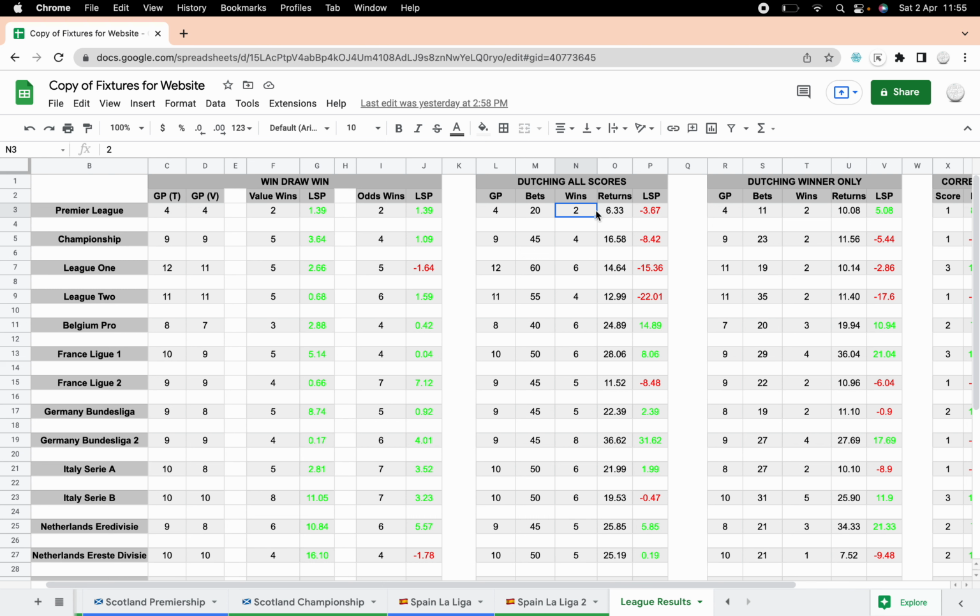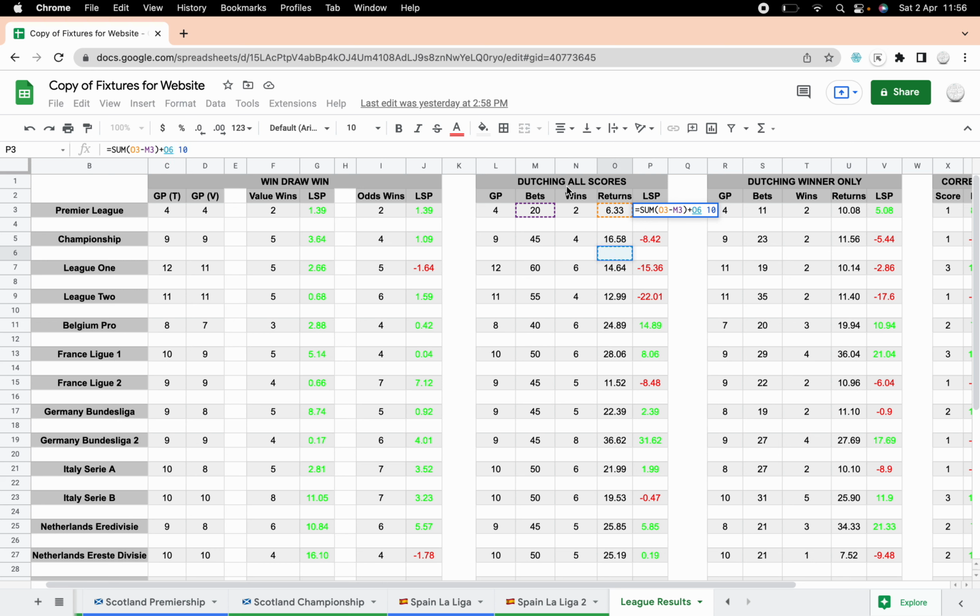So that's £10 altogether, isn't it, the 2 games? So we've got the returns are £6.33, and to find out the level stakes profit over the 4 matches, we've done the returns minus the bets plus the £10 to make sure we've got the stake added back on, because that was only profit.